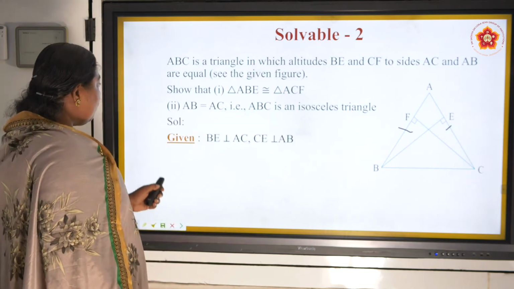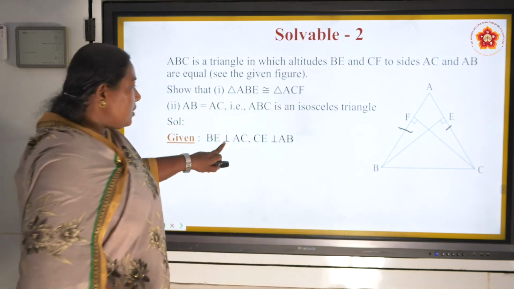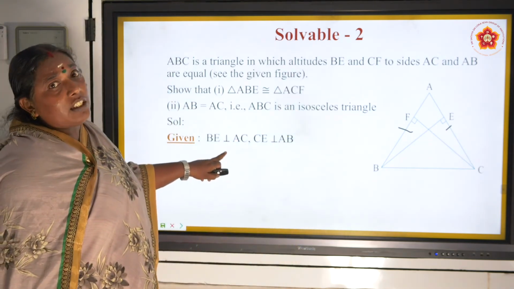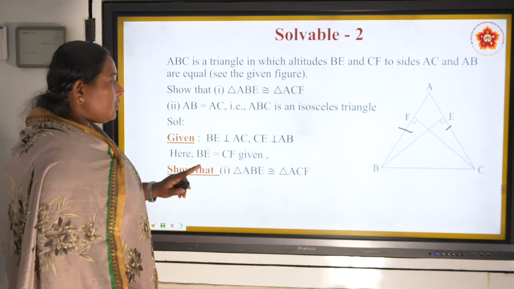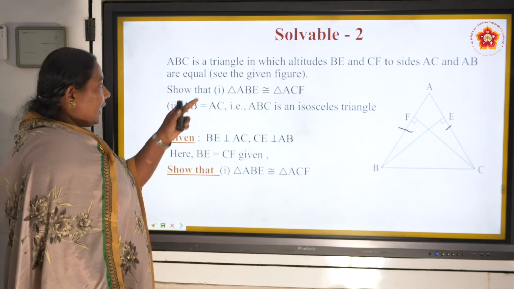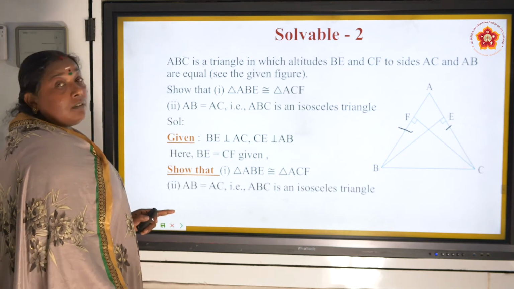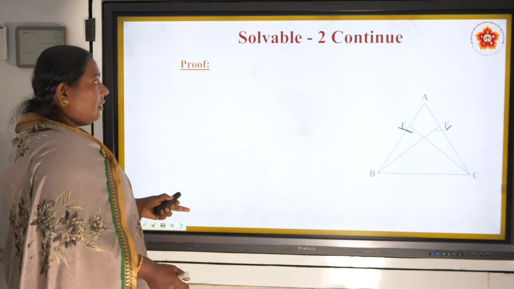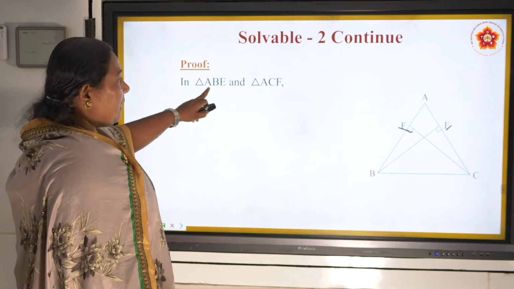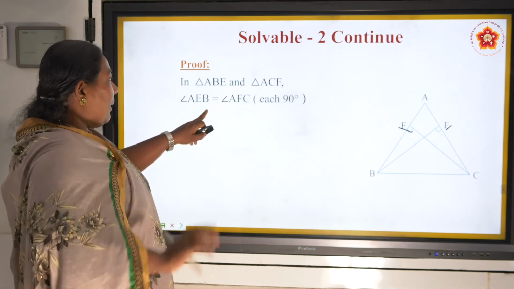Let us see the proof given. They have used the word altitude, so I have used the perpendicular symbol, because perpendicular leads to the angle 90 degrees. BE is equal to CF, that is given. Show that triangle ABE is congruent to ACF, and AB is equal to AC. If the sides are equal, I can call it an isosceles triangle. In the proof, I took ABE and ACF from the question itself.